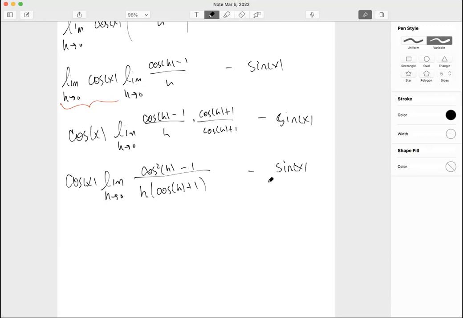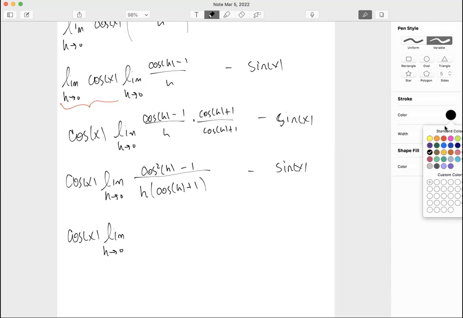And what does that become? I think I remember you talking about something with the circle, so cosine squared of h minus 1 is the same thing as negative sine squared of h.